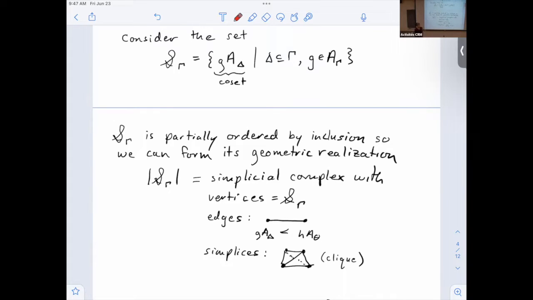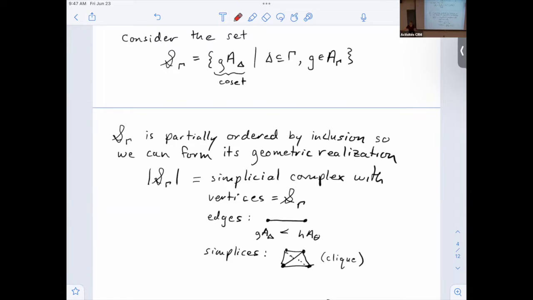So in our case, every vertex is labeled by a coset. Every vertex corresponds to a coset, yes? And I connect two of these by an edge precisely when one is contained in the other. This is partially ordered, so you can have two cosets where neither one is contained in the other, but we only connect them if one of them is contained in the other. And then we just fill in simplices wherever we can.